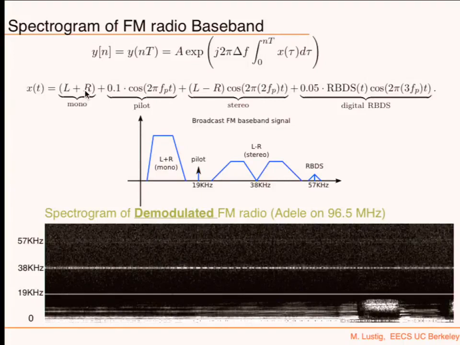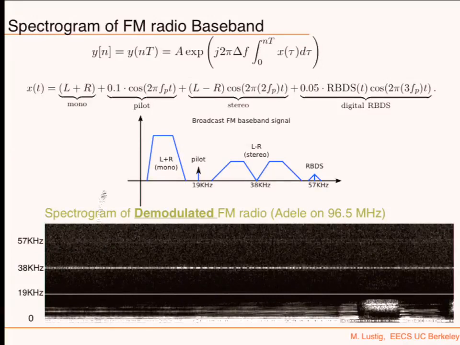It's the baseband that you can actually play. Radios that don't have stereo just do a low-pass filter and get this component. This is the spectrogram of x of t for a station playing Adele. This part over here is the low frequencies, which change over time. This is the left plus right channel.